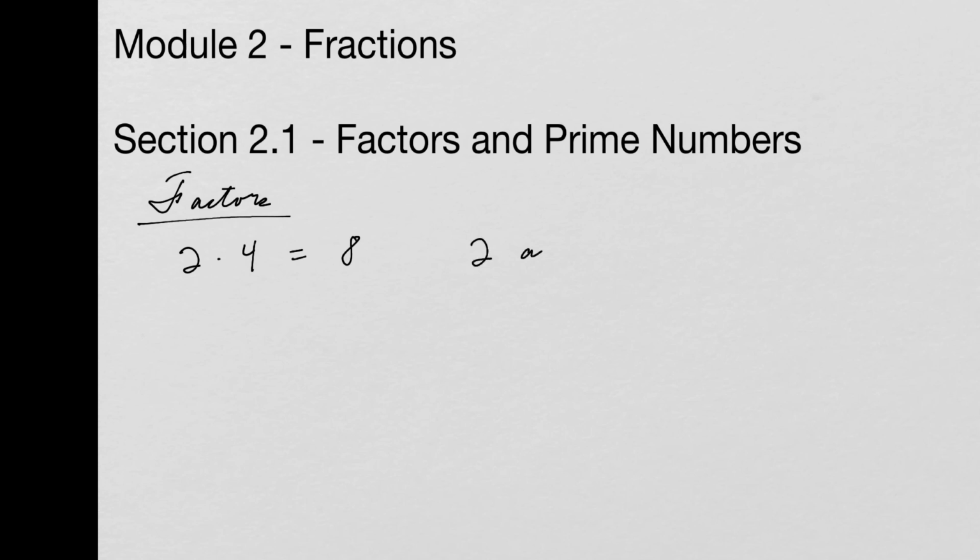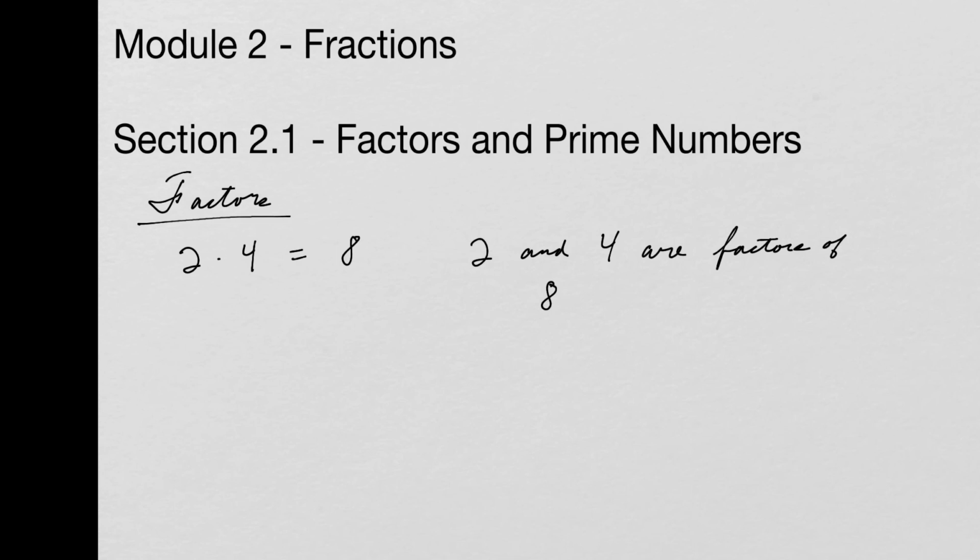So 2 and 4 are factors of 8 because they multiply to give me 8. Or another way of saying it is they divide 8 evenly, right? Each factor divides 8 evenly.